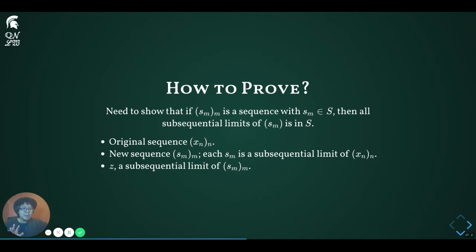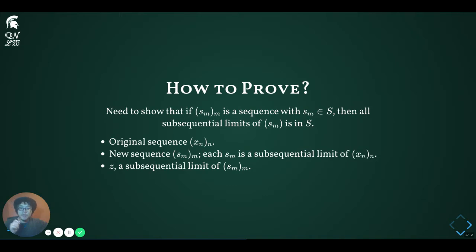This part can be a bit confusing since we're dealing with two levels of sequences and two levels of limits. We have the original sequence x sub n. We have a new sequence s sub m. Each of the terms is a subsequential limit of the original sequence x sub n, and we have z, a subsequential limit of s sub m.